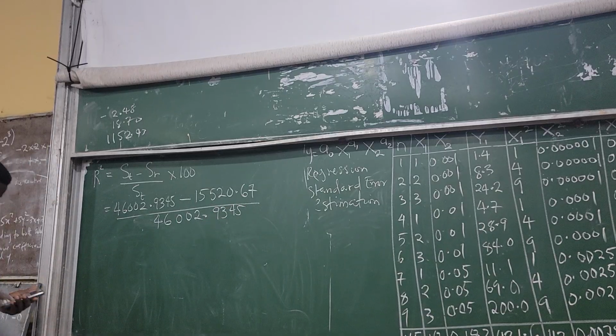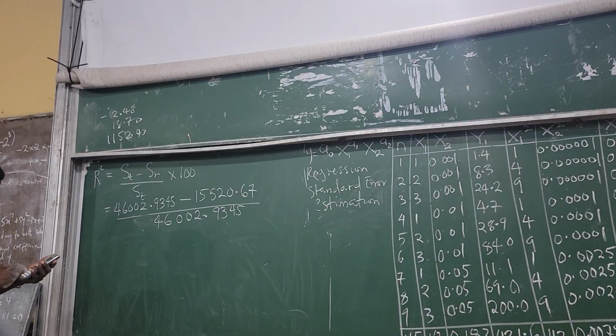So let's work on that. 46002.9345 minus 15520.67. 46002.9345.